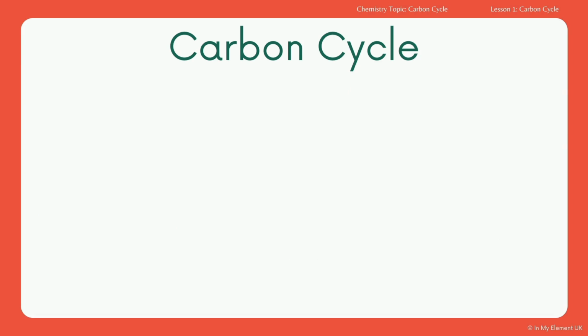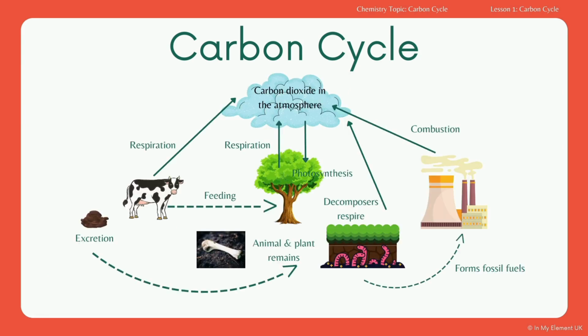Now, what you need to be able to do is not necessarily draw this with all the images of the cow and the poo and the bones, etc. But you do need to be able to label it. There's lots of arrows on there. If you look at the cloud to start with, that will show you the carbon dioxide in the atmosphere.